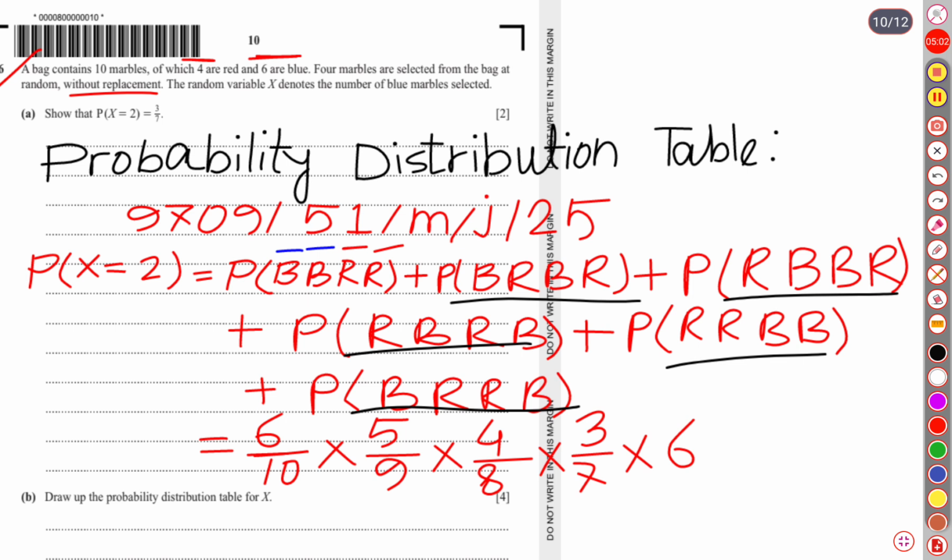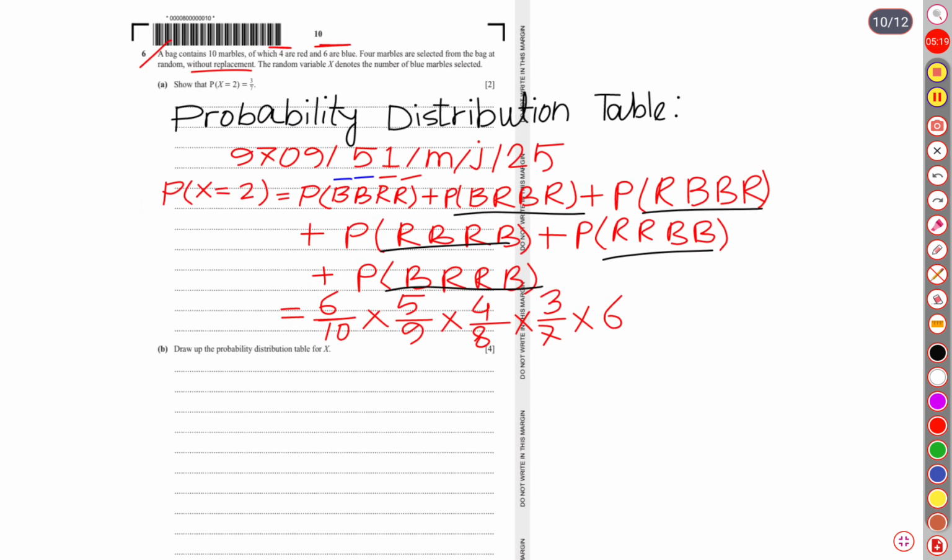So the cases are all the same. Hence the final probability, if we calculate, is 3 over 7.